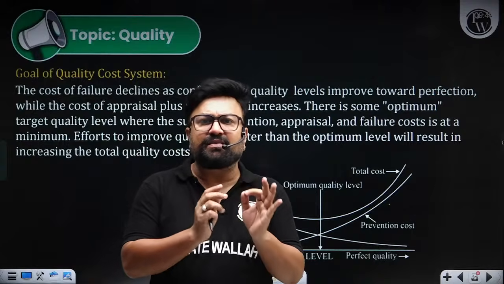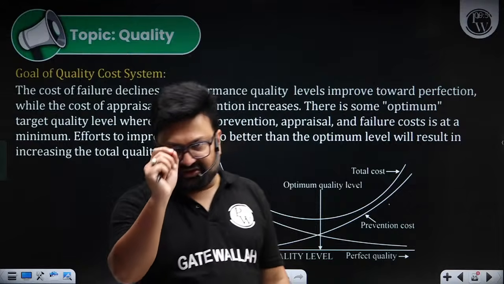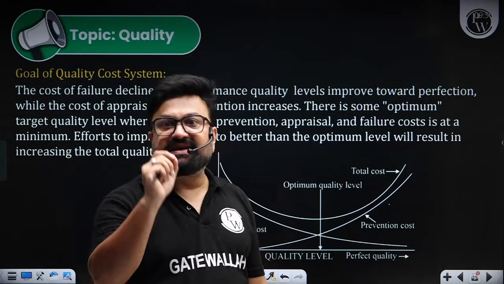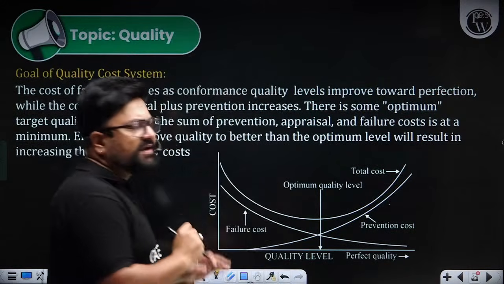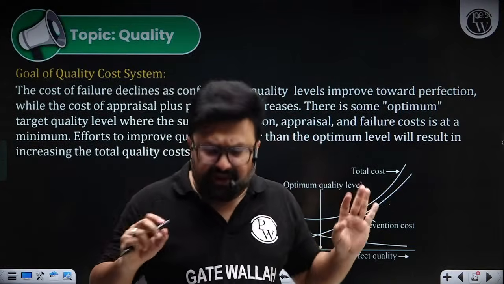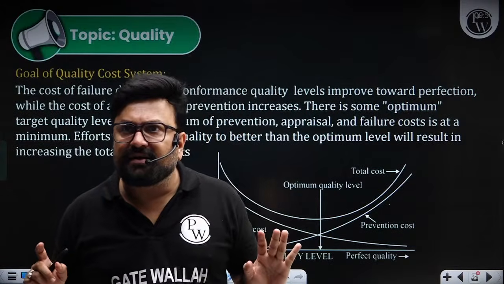There is some optimum target quality level where the sum of prevention, appraisal and failure cost is at a minimum. The moral of the topic is that we are providing optimum quality at minimum cost.